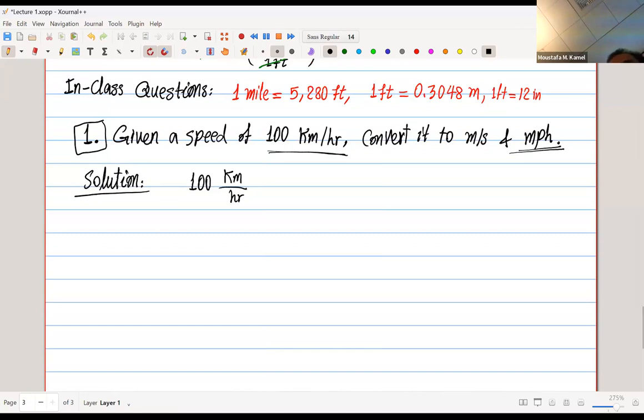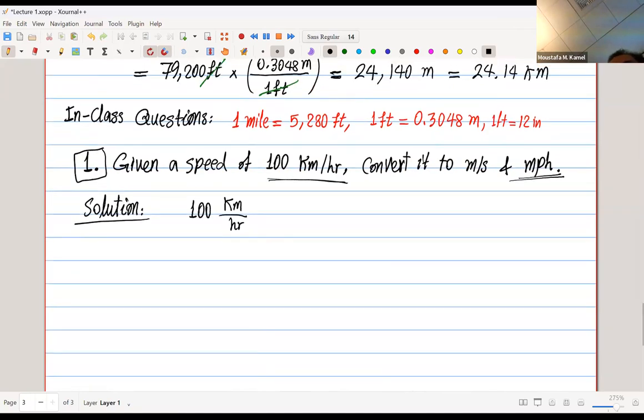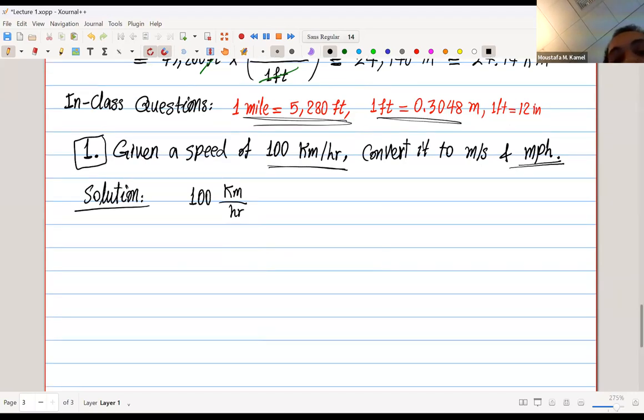What we know is each kilometer has 1,000 meters, and each meter is related to feet this way, and each foot is related to a mile this way. So we will go backwards. So this is equal to 100 kilometers per hour times 1 kilometer in the denominator and 1,000 meters in the numerator.